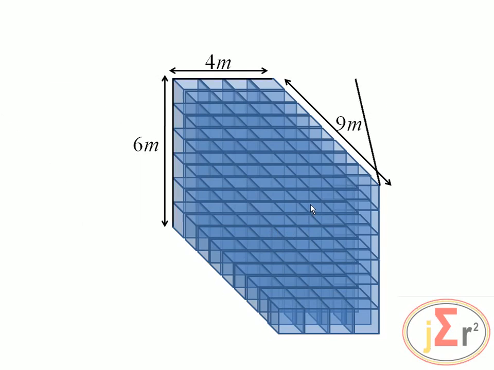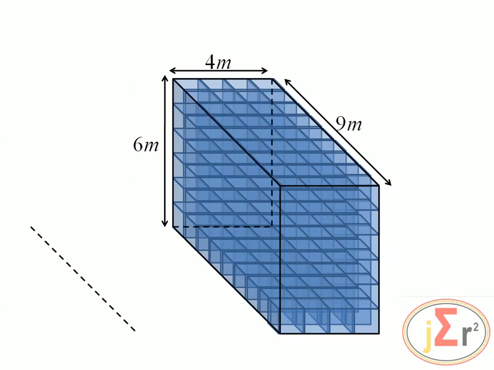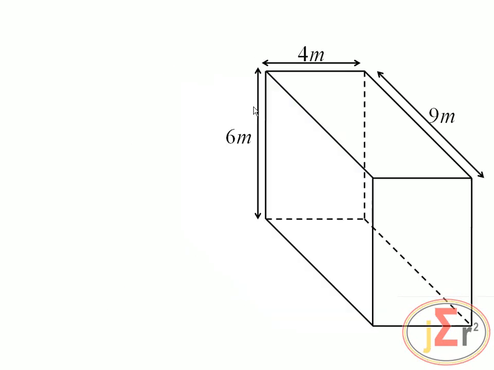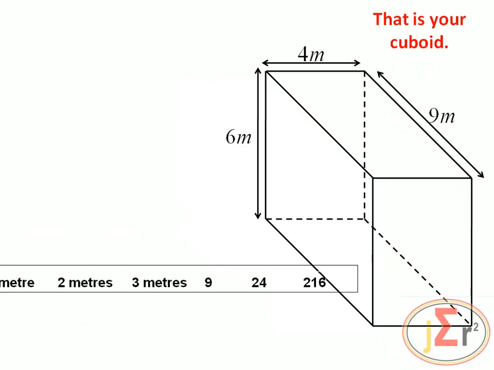So we're going to put in all of those lines. The back of the truck is in the shape of a cuboid or a rectangular prism. There we have it. That is your cuboid, and the cuboid represents the back of the truck.